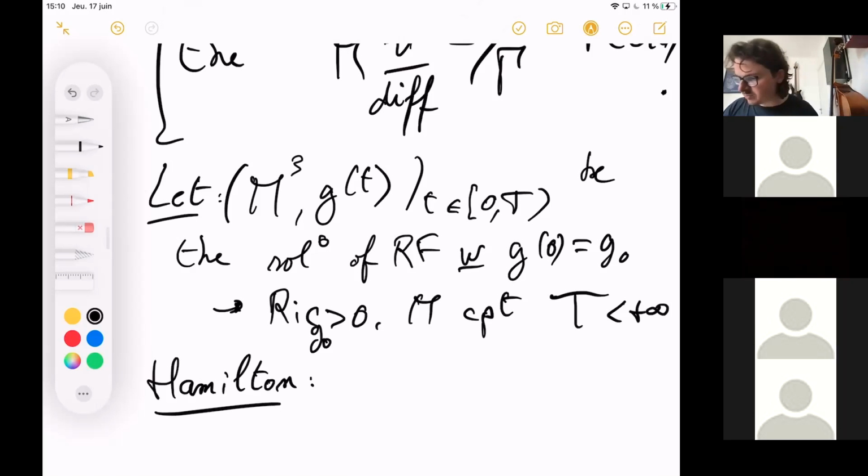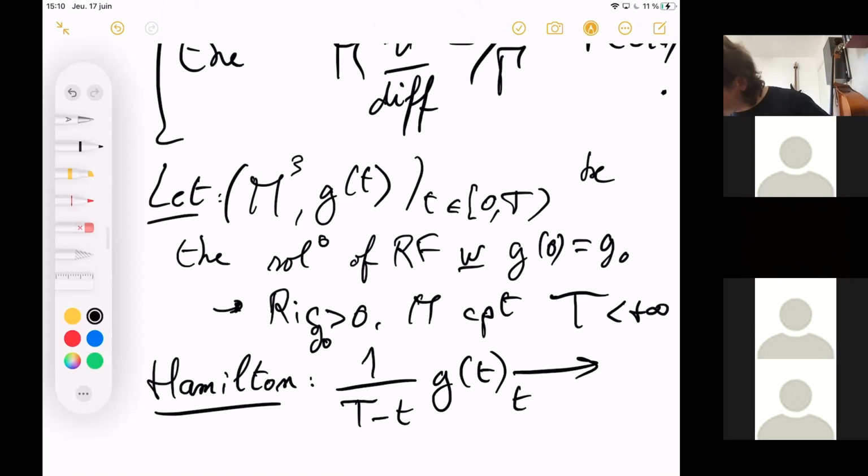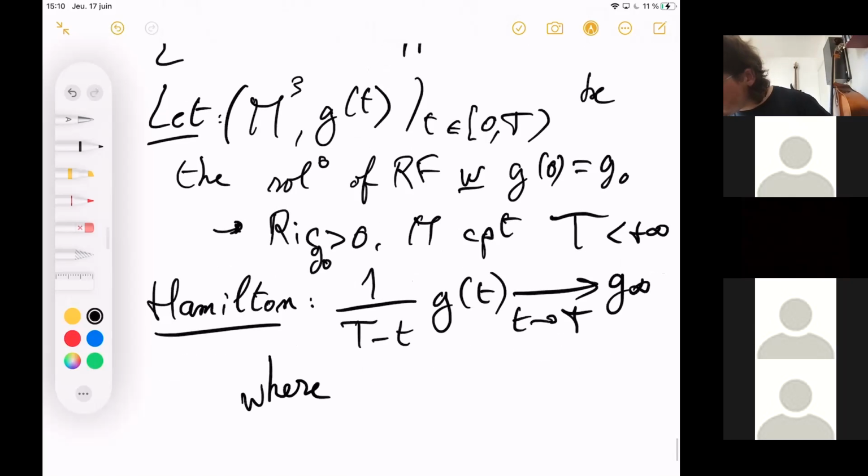So the curvature blows up, so we cannot really have convergence. But we can rescale, and the good rescaling is the following one. As t goes to big T, not infinity, g infinity has constant sectional curvature.